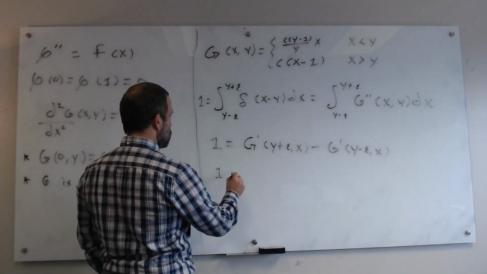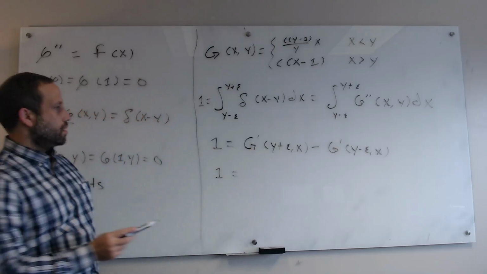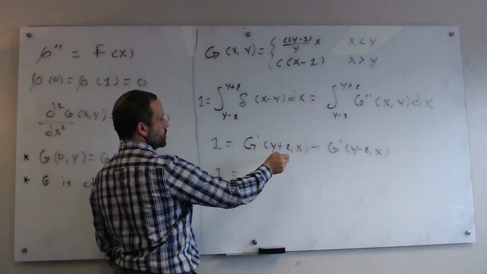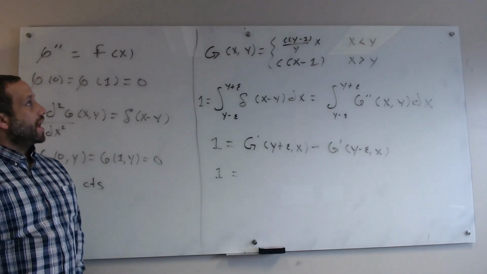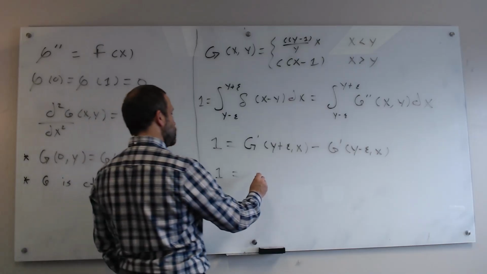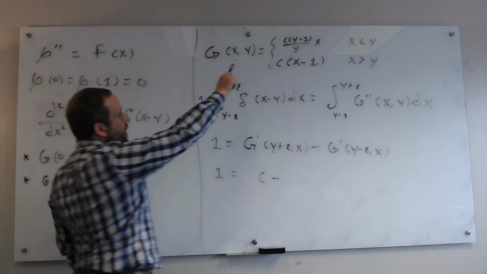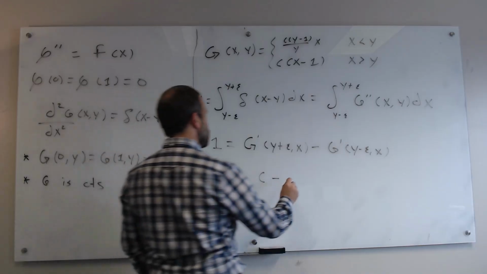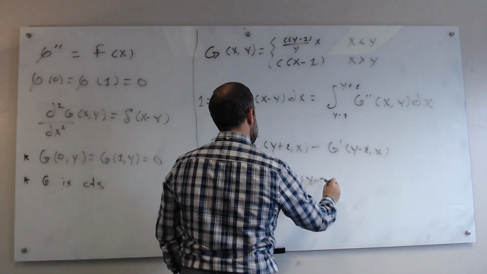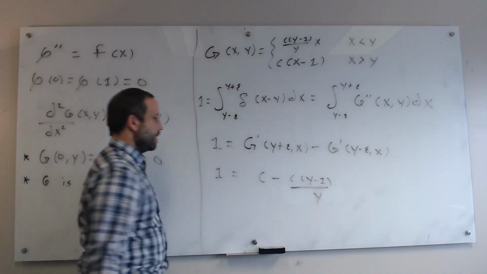Okay, so g prime of y plus epsilon. Well, y plus epsilon is bigger than y, so we're in this formula here. The derivative of that with respect to x is c. So we're going to have c here minus, when I take the derivative here, what do you get? Well, you get c times y minus 1 over y.